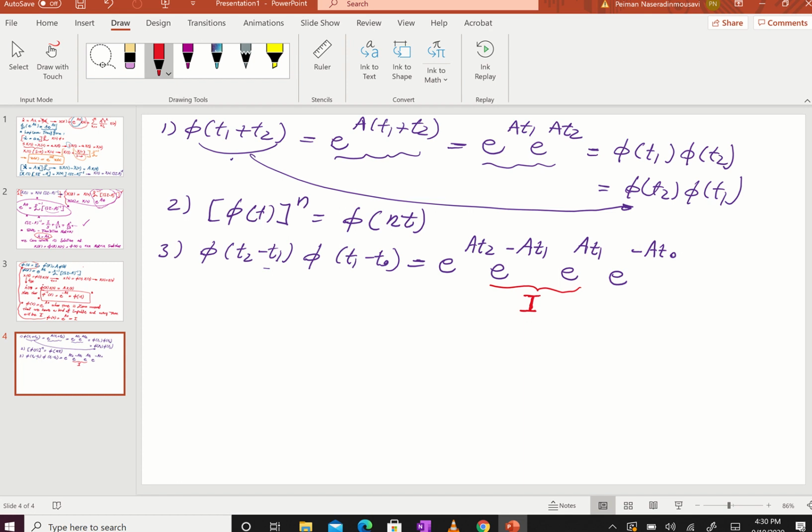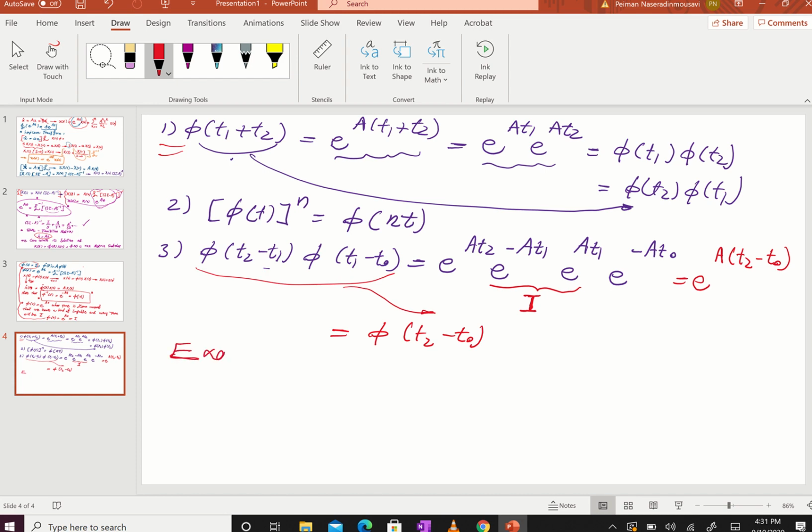So what you get is e to the A (t2 minus t0), which you can write based on relation number 1 as phi of (t2 minus t0). This is another thing that you have to know. Now let's go to examples.